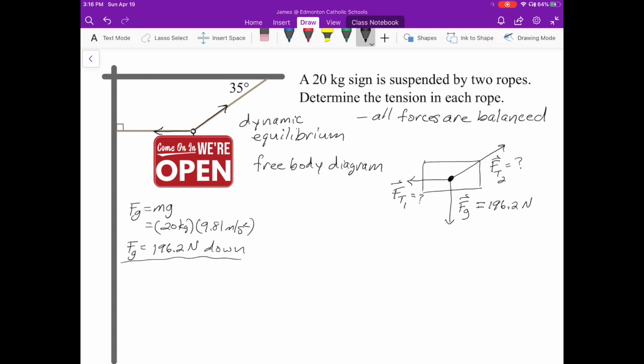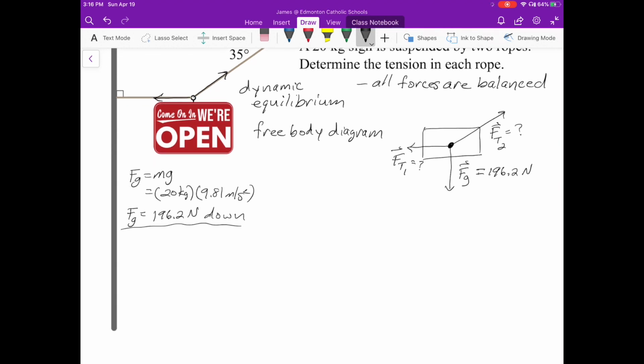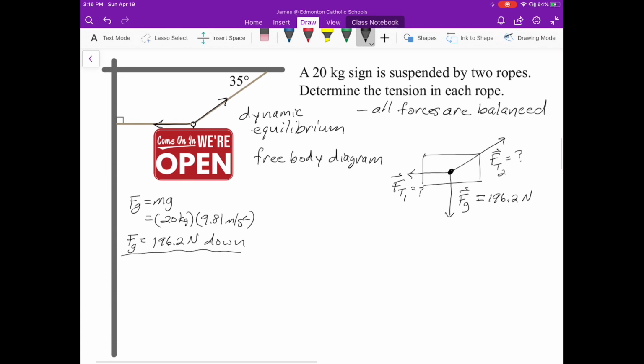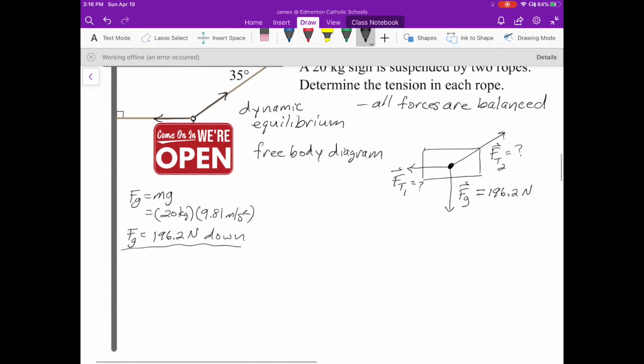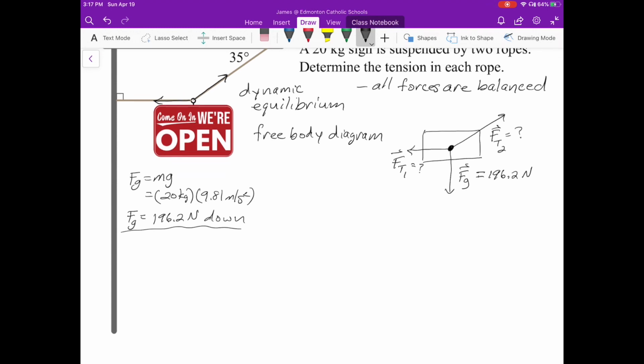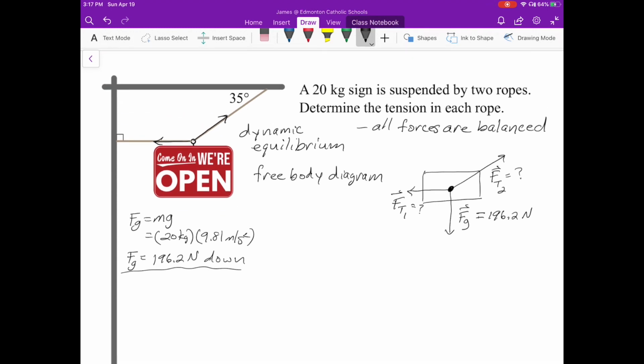Here's what we're going to do. What we'll do is we'll draw ourselves a vector diagram for FT2. Okay, so it's going to be like this. So we've got, it's pulling not only to the right like this, but it's also pulling up like that.